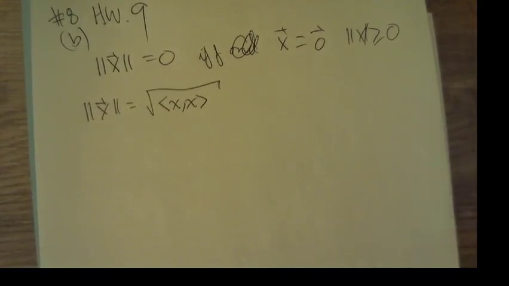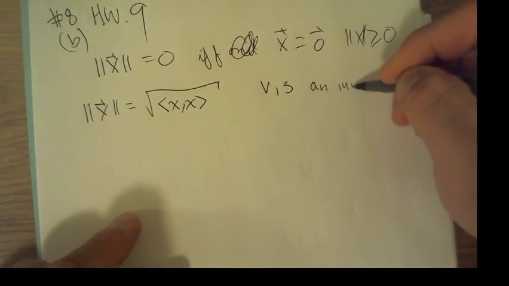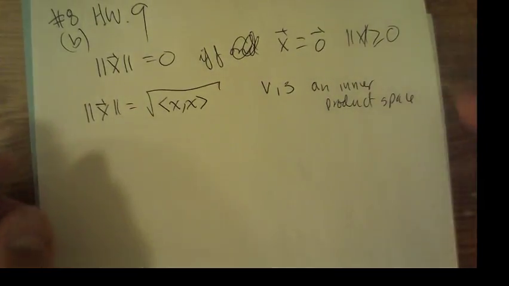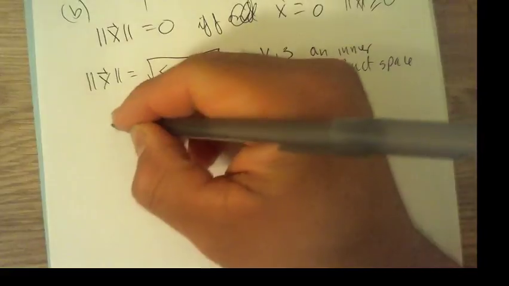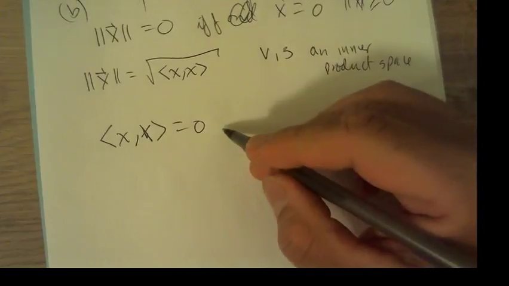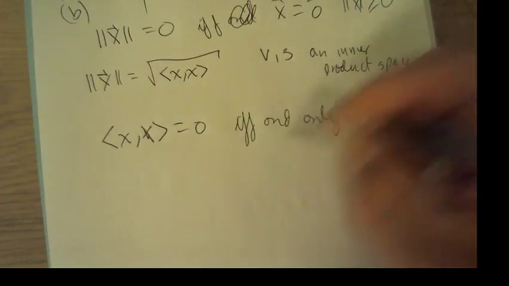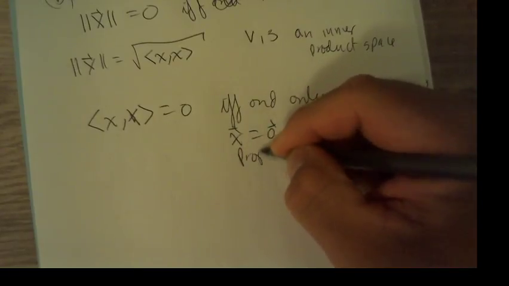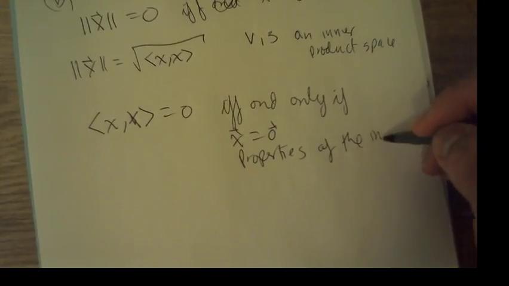And again, our assumption is that V is an inner product space. Okay, so if it's an inner product space, then I know here this is true if and only if x is equal to the 0 vector, right? Those are properties of the inner product.